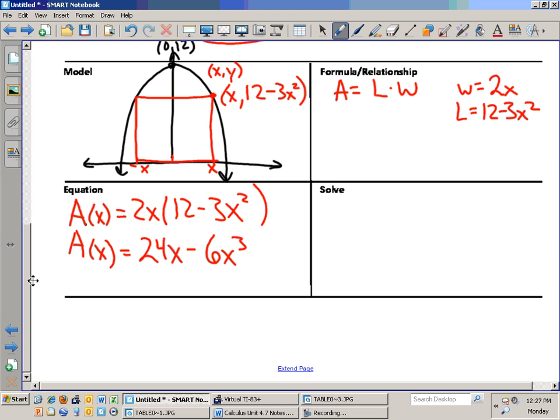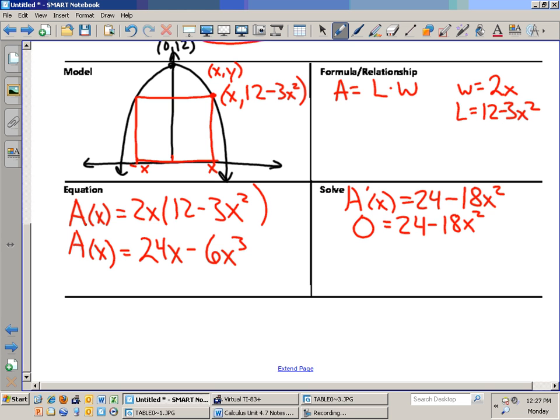What's the derivative of area of x? A prime of x is equal to 24 minus 18x squared. Set it equal to 0. 0 equals 24 minus 18x squared.